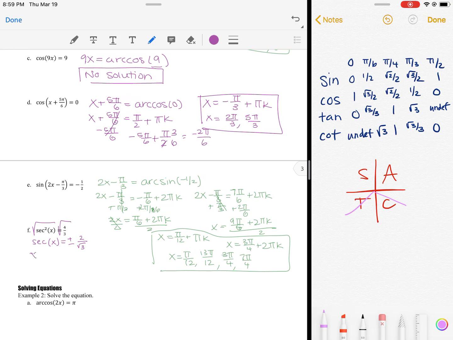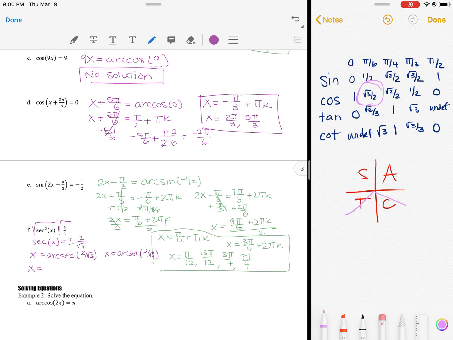So as we think about arc secant, let's say x equals arc secant of positive 2 over the square root of 3, you also have x equals arc secant of negative 2 over the square root of 3. So really, it can be in any of the four quadrants because we don't care if it's positive or negative. With secant, that relates to cosine, and so we're talking about pi 6.